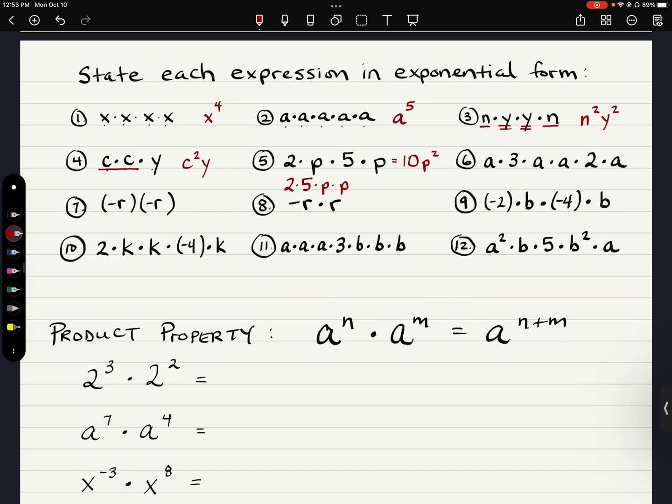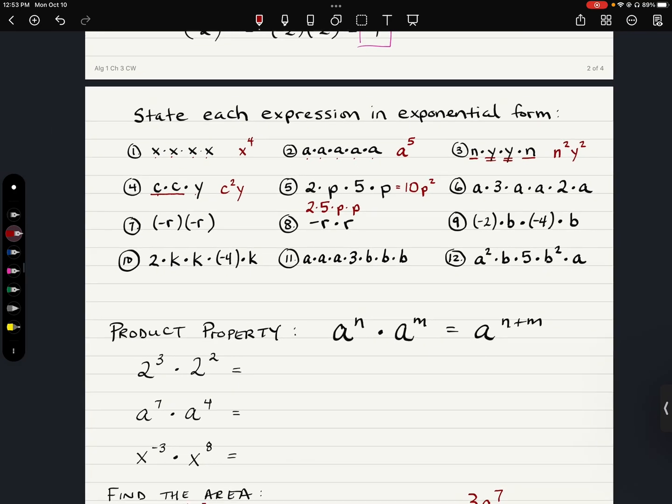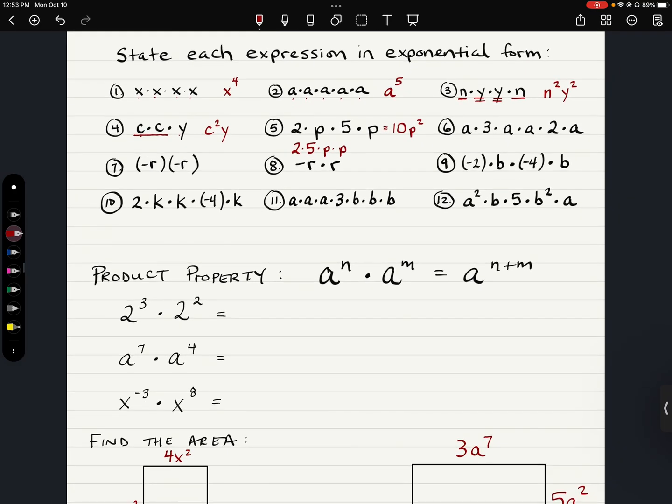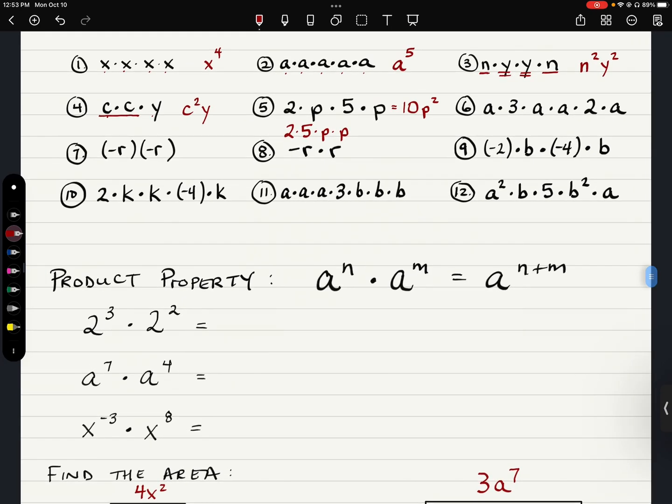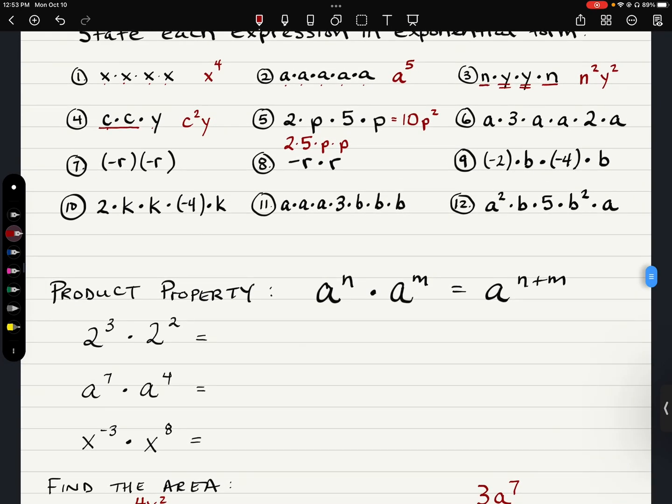So we get 10p squared. Number 6, when you try this one, you've got a times 3 times a times a times 2 times a, which is like saying 3 times 2 times a times a times a times a, which should give you 6a to the 4th.